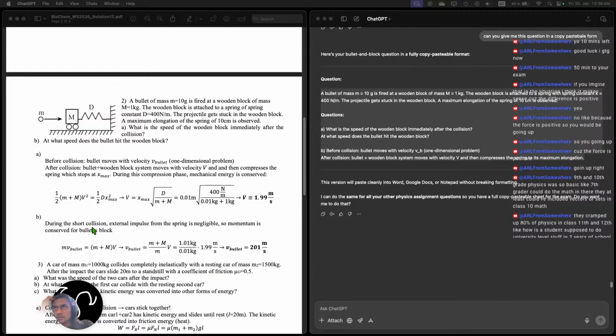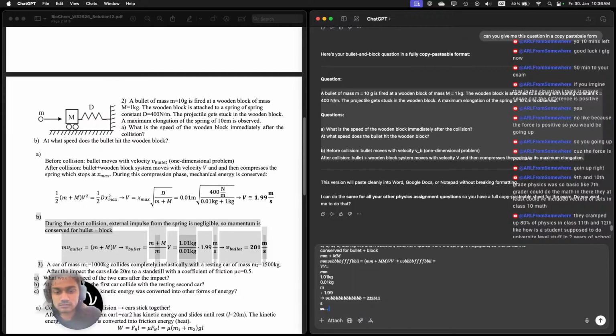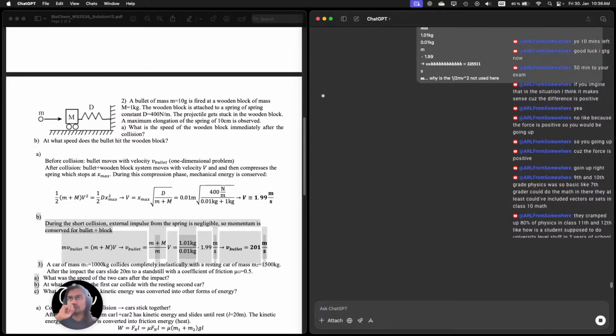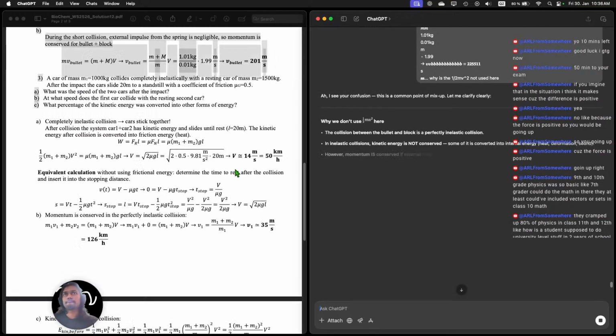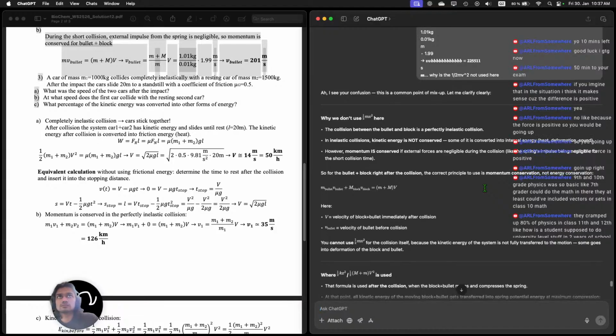What is this one then? During the short collision, momentum is conserved. mv equals. Inelastic collision, kinetic energy is not conserved.